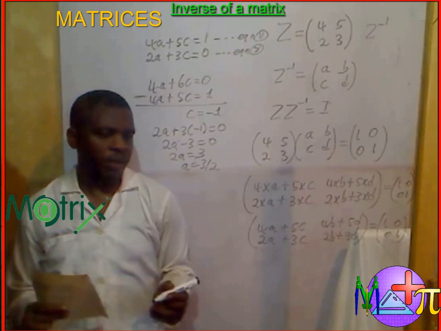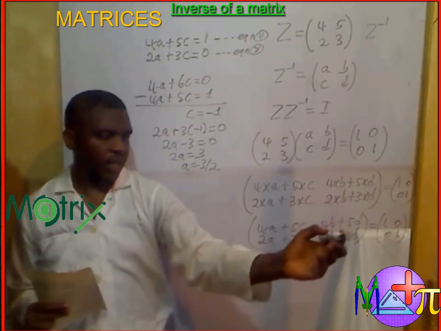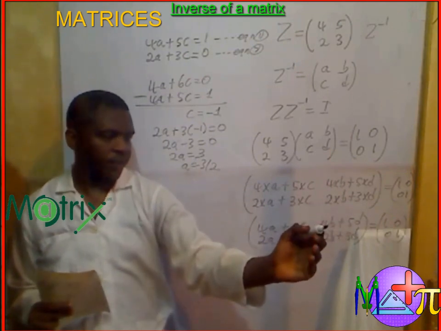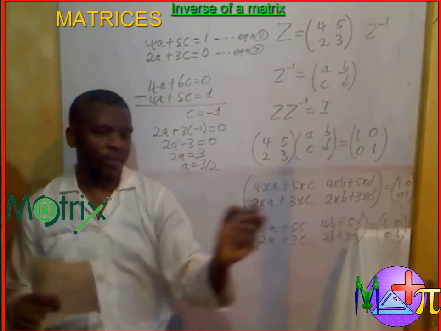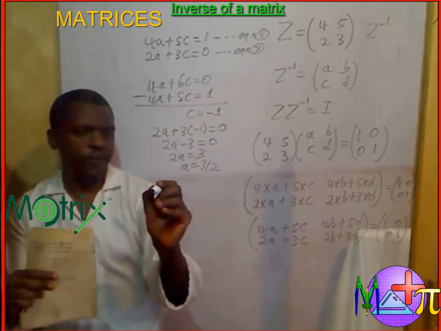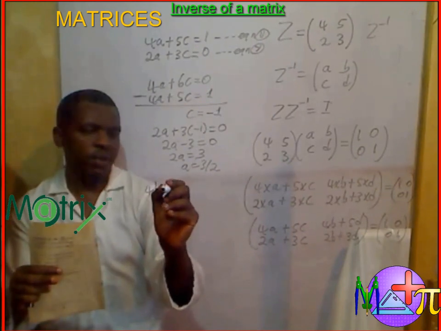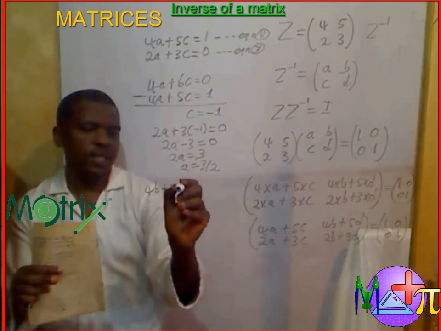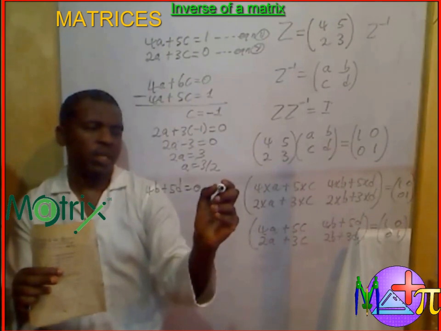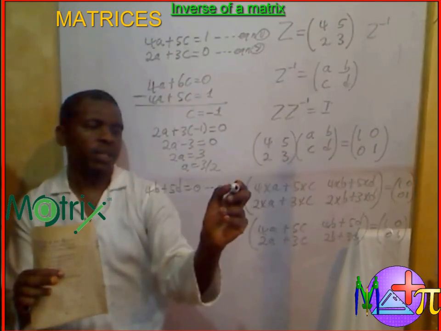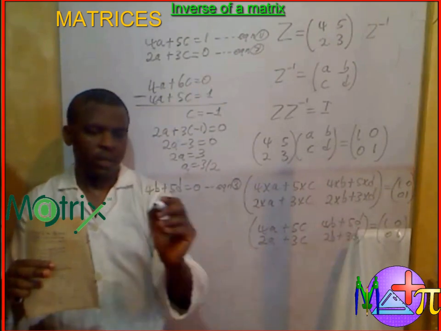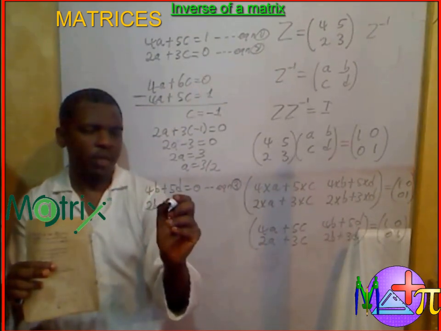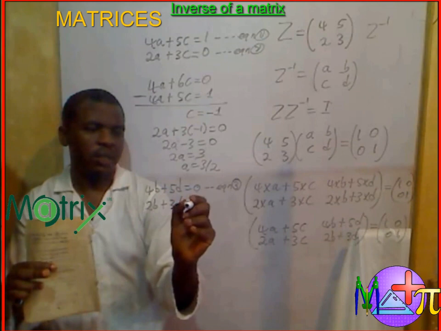So if I look at my matrices here, this is 4B plus 5D is equal to 0. I write that down. 4B plus 5D is equal to 0. That's equation 3. 2B plus 3D is equal to 1.